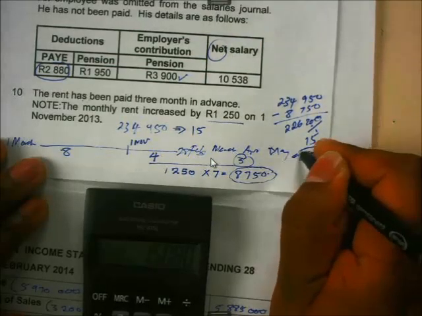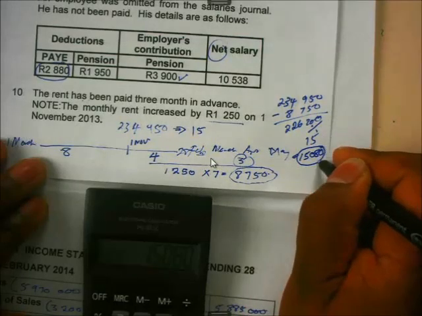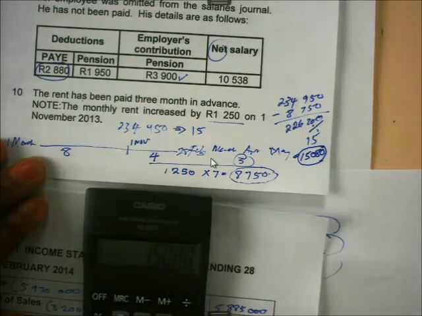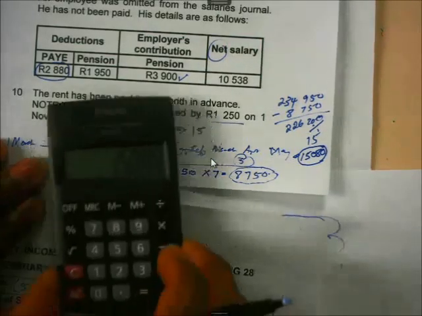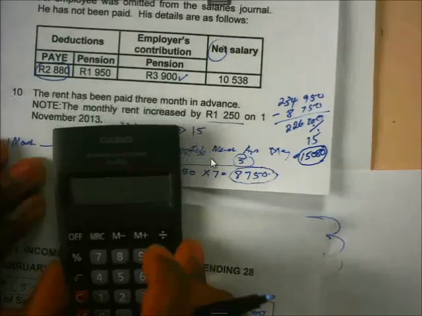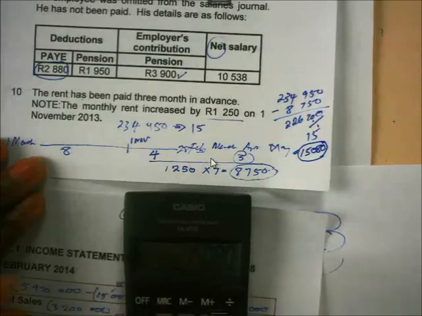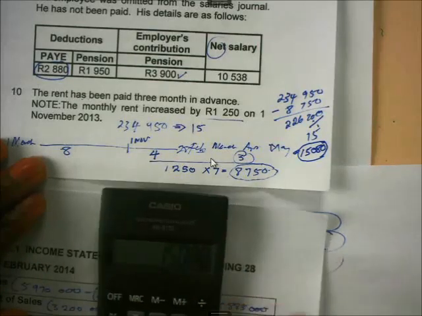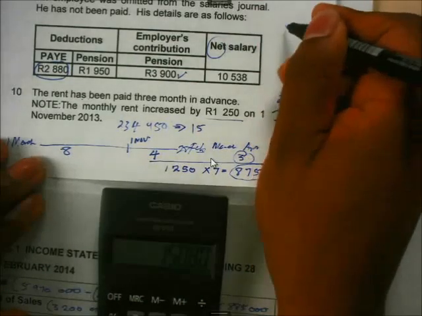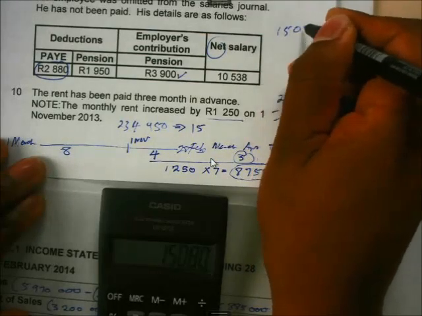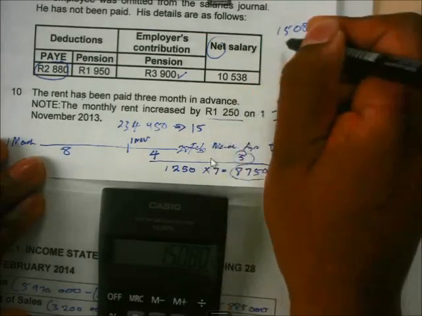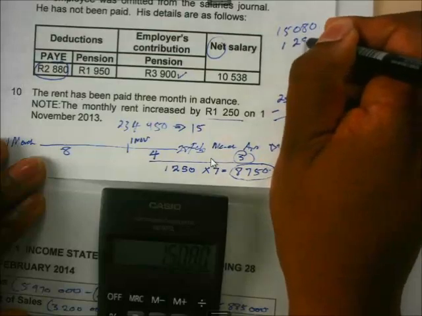15,080. Now this was the rent before the increase. Now because I have the rent before the increase, I can simply add the increase to get the rent after the increase. Now the rent before the increase was 15,080. It increased by 1,250.